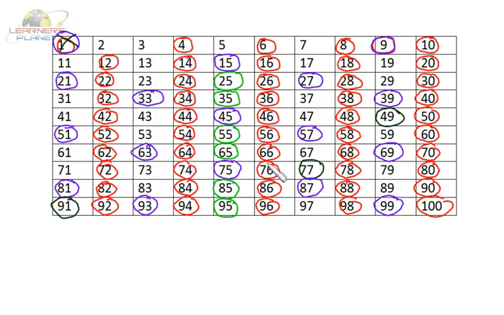Since all the circled numbers are multiples of either 2 or 3 or 5 or 7, all of them are composite numbers. Except the non-circled numbers, every number is a composite number. Then we have already discussed the number 1, which is neither prime nor composite.